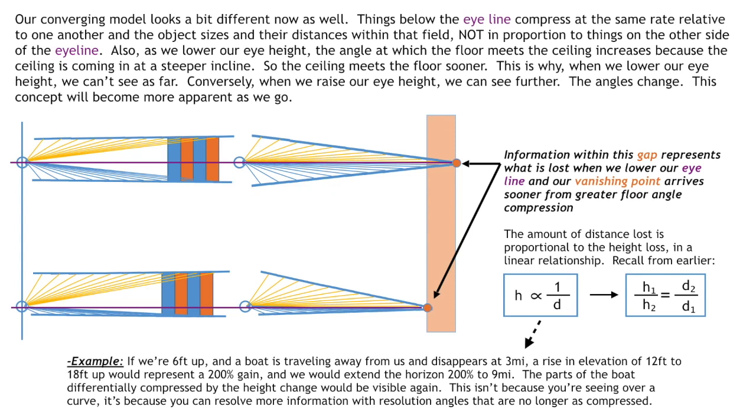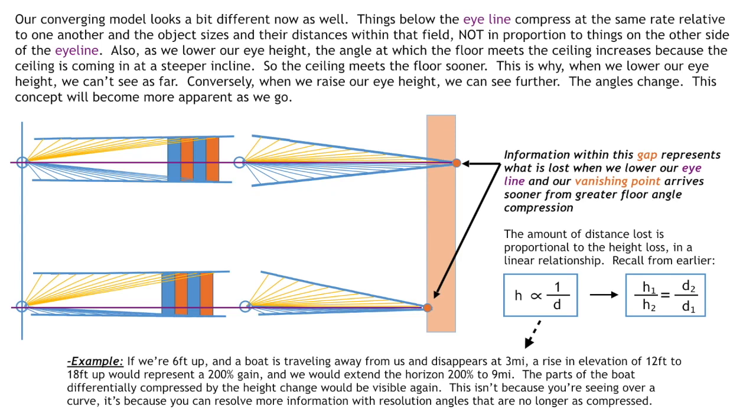And here's an example of this relationship. If we're 6 feet up and a boat is traveling away from us and disappears at 3 miles, a rise in elevation of 12 feet to 18 feet up, so we're adding 12 feet to our 6 foot elevation to now 18 feet, would represent a 200% gain, and we would extend the horizon 200% to 9 miles, again 1 to 1. The parts of the boat differentially compressed by the height change would be visible again.